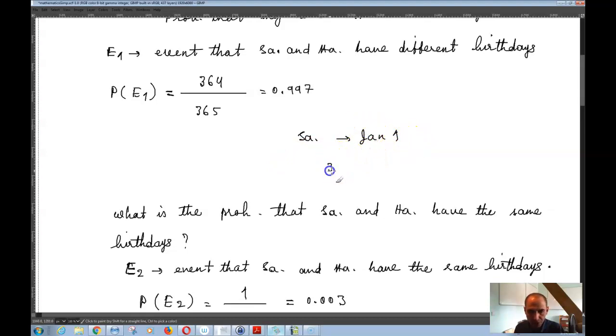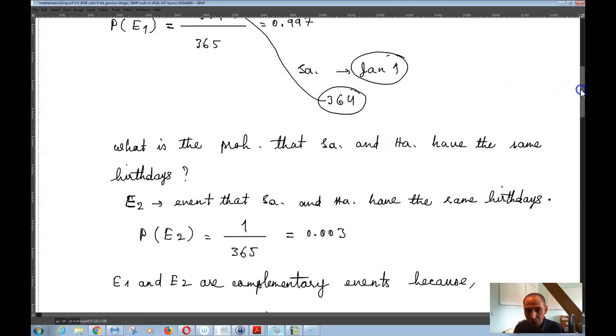And so you have 364 days of the year favorable to this event, but not January 1st.